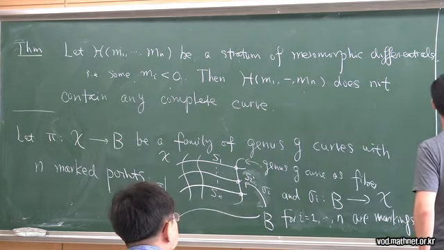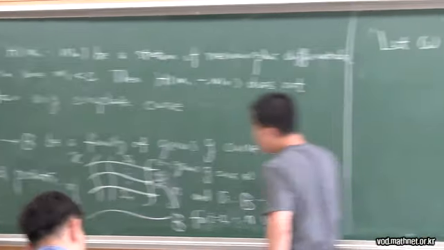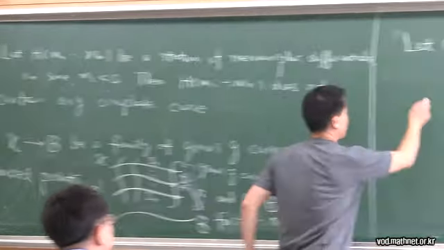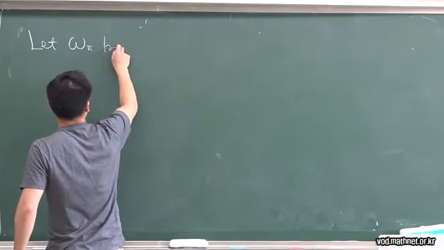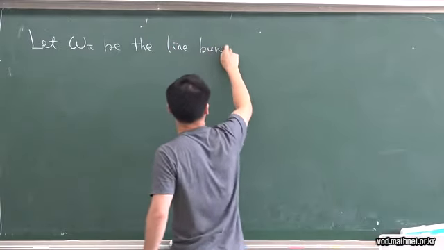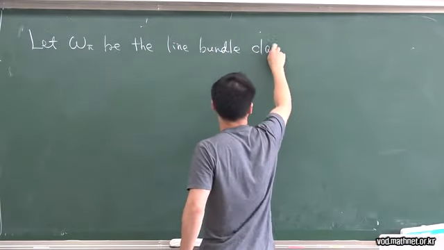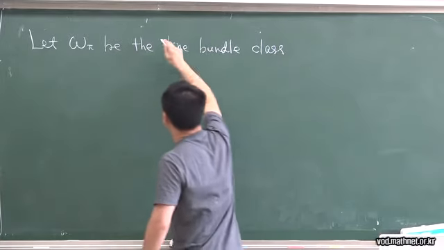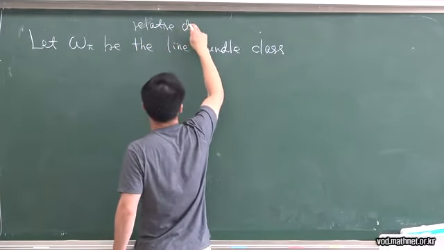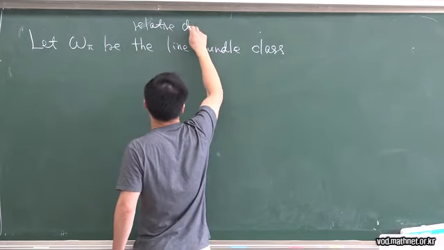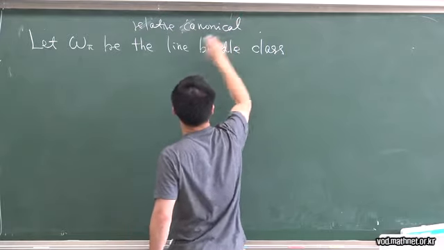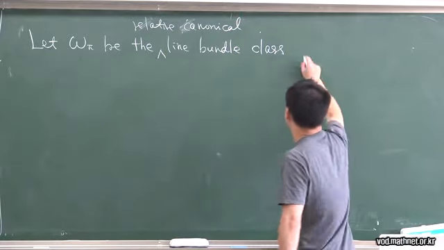Let omega_pi, where this fibration is called pi, be the relative canonical line bundle class of the fibration pi.